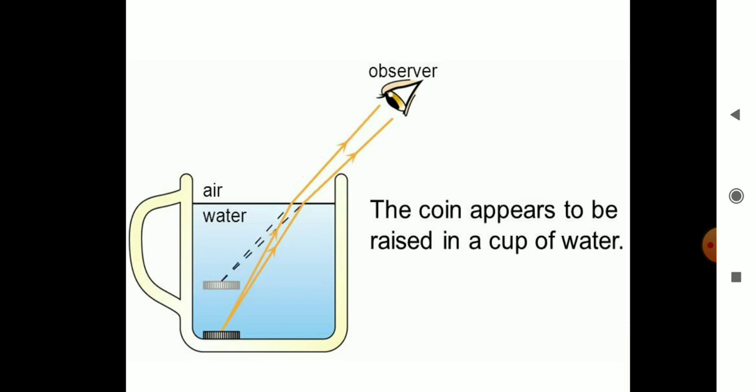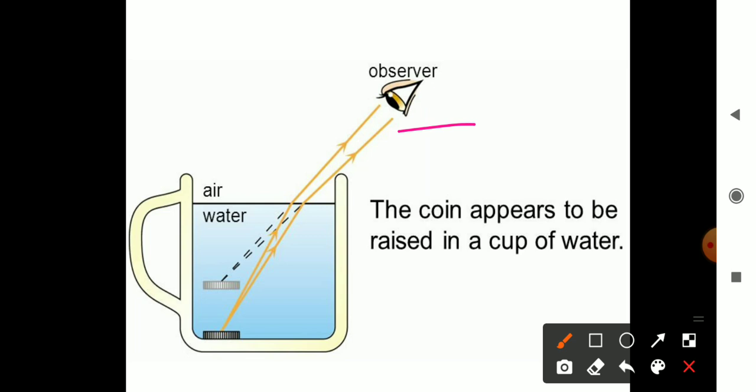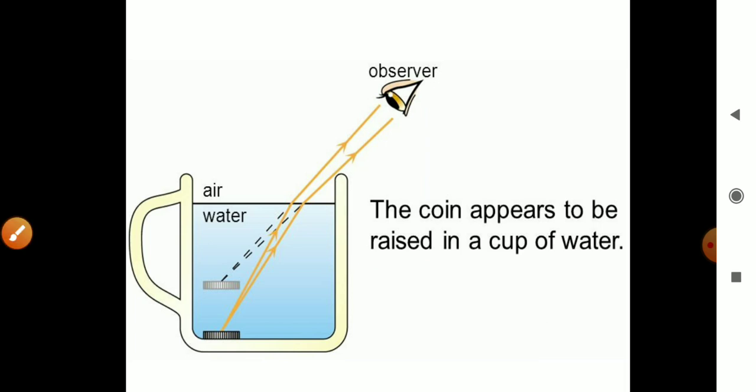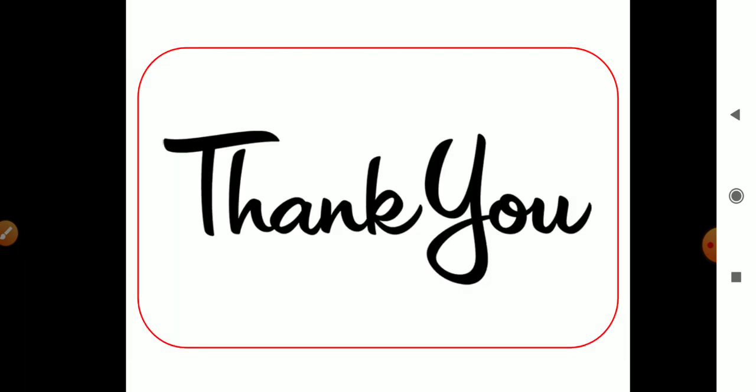So that is why the coin appears raised to the observer in a cup of water. The phenomenon is refraction of light. The coin appears to be raised in a cup of water due to the refraction of light, because there is a bending of light due to the change in medium. So thank you very much.